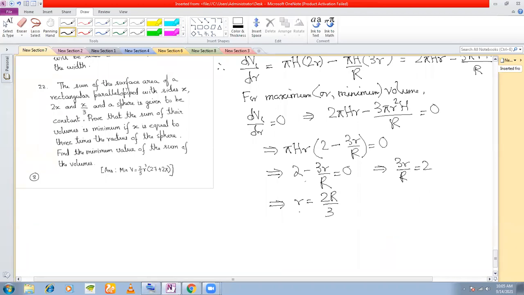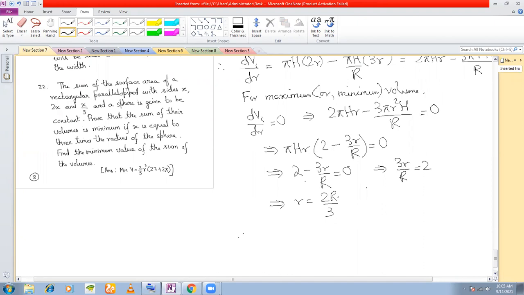Now we have got the variable in terms of a constant, right? So we have actually found out the value of radius of the cylinder. Now once we have got the radius of the cylinder, at this value, the volume can be maximum or minimum. So how do we check for maximum minimum?